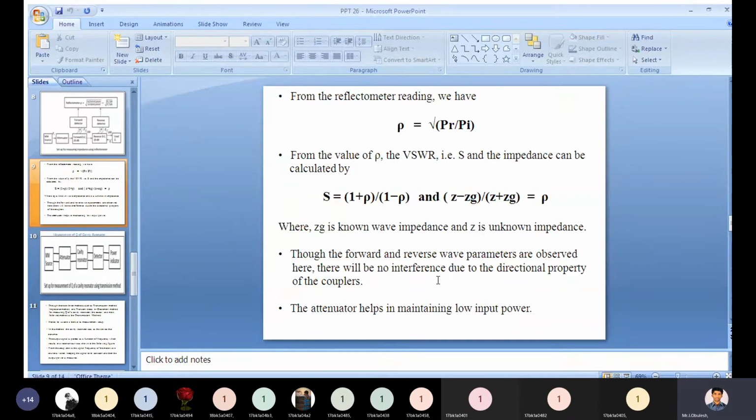That is S, and it can be calculated by S is equal to (1 plus rho) divided by (1 minus rho). In terms of impedance values, you represent rho as (Z minus Z_0) divided by (Z plus Z_0), where Z_0 is the known wave impedance, and Z is the unknown wave impedance.